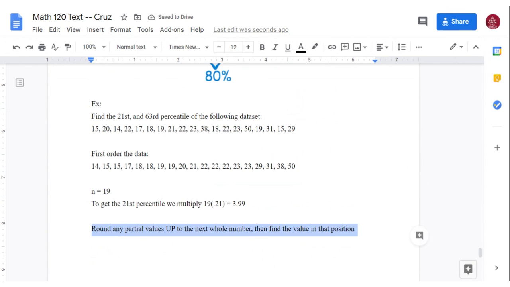Now, here's the clue that tells us, because we're going to use this number to help us find the position of the 21st percentile: round up any partial values to the next whole number.